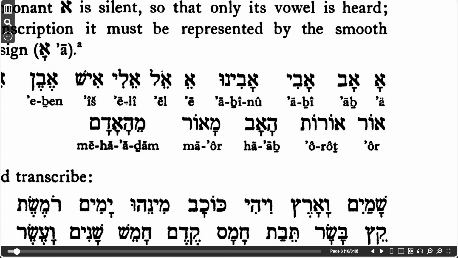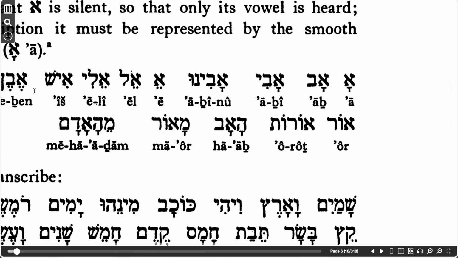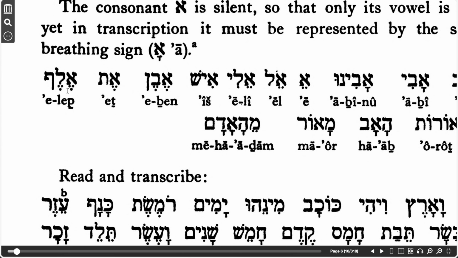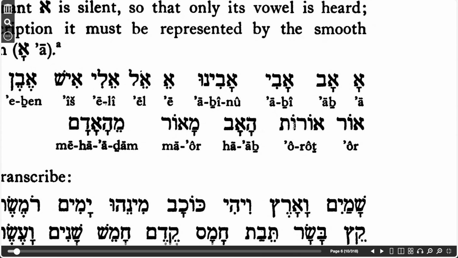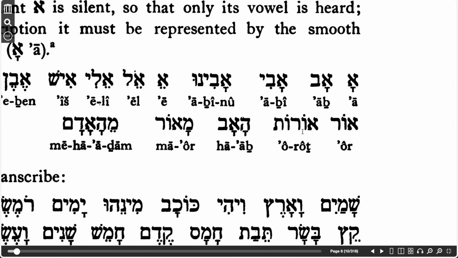So this is av. See, I'm not pronouncing that consonant even though it is one. Avi, avinu, el, eli, ish, evan, et, elef, or, orot, harav, or ha'av.